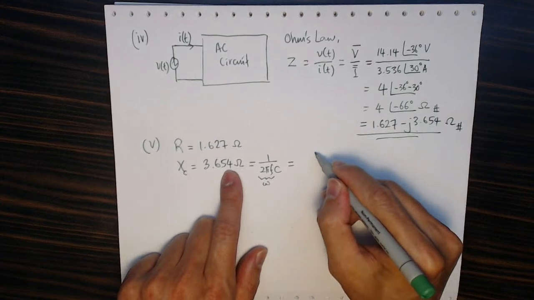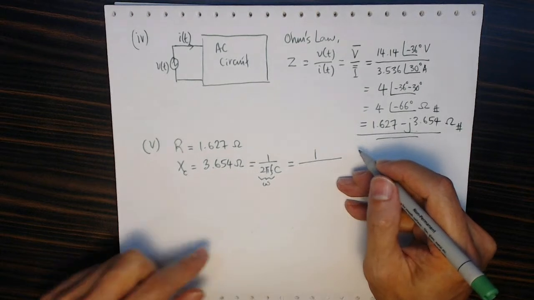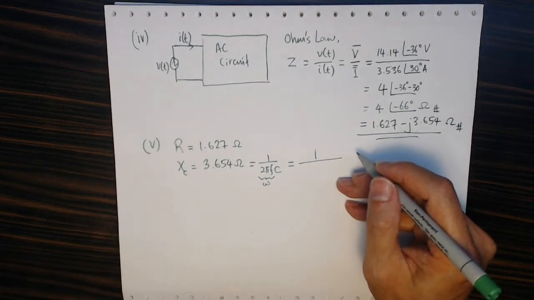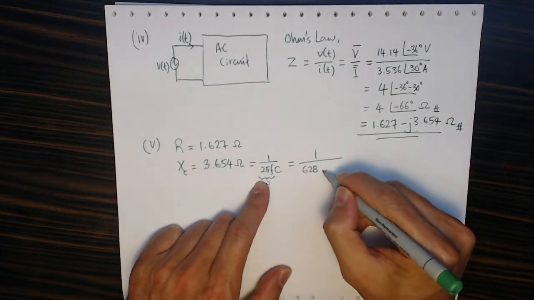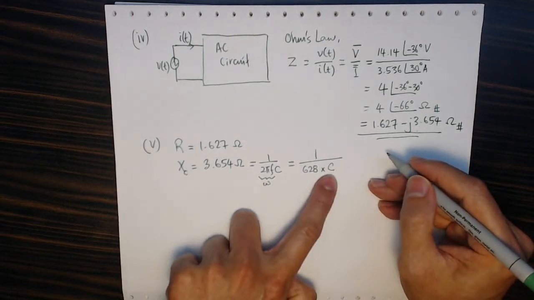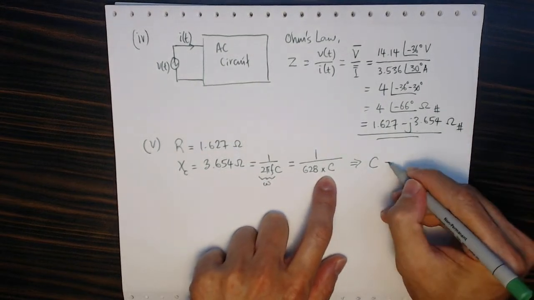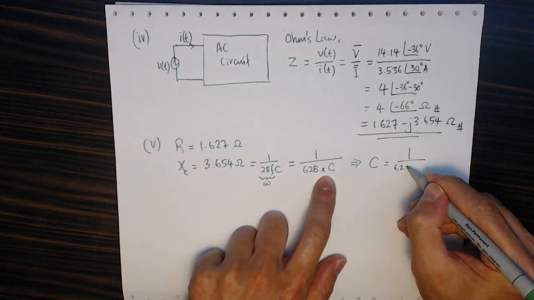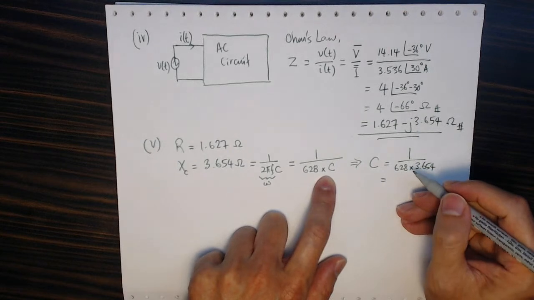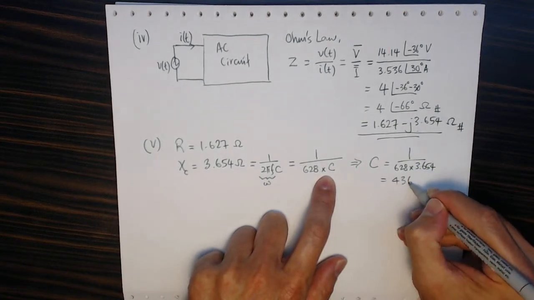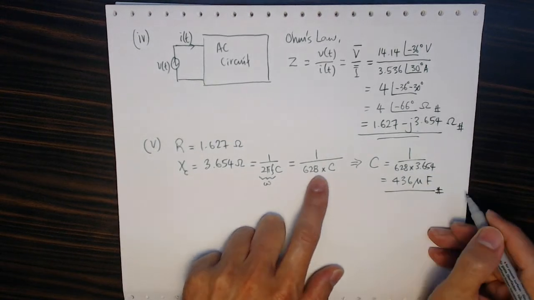From the waveform expression, omega is the angular velocity, given as 628 radians per second, multiplied by the unknown value C. Since I know Xc, I can calculate the capacitance of this circuit, which is 1 over 628 multiplied by 3.654. That gives me about 436 times 10 to the minus 6, that is microfarads. Please remember to put in the units.